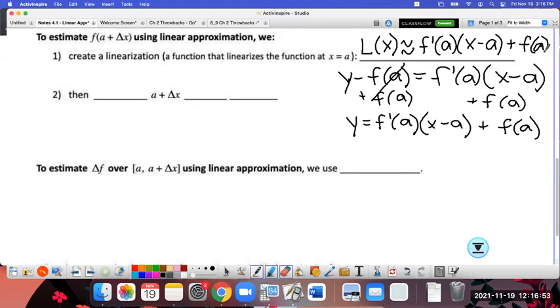And I would like you to go ahead and box this on your notes. This is a special formula that I would like to make sure that you know. So L of x is going to be the approximate y value that we're hoping to get close to what it actually is. Okay, so then we are going to plug a plus delta x. So that's the x value that we want to plug in to approximate the y value for. So we're going to plug that into L of x.